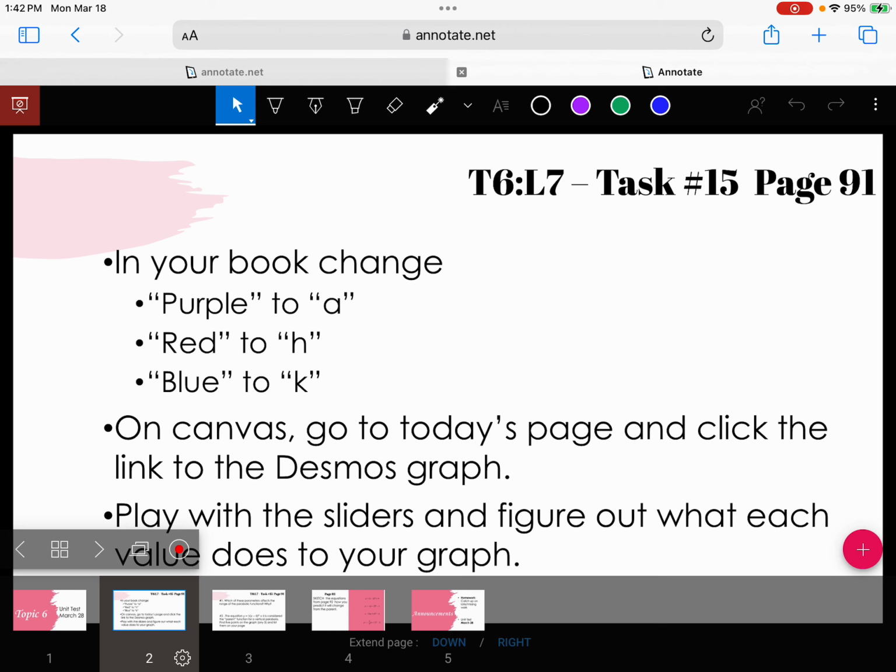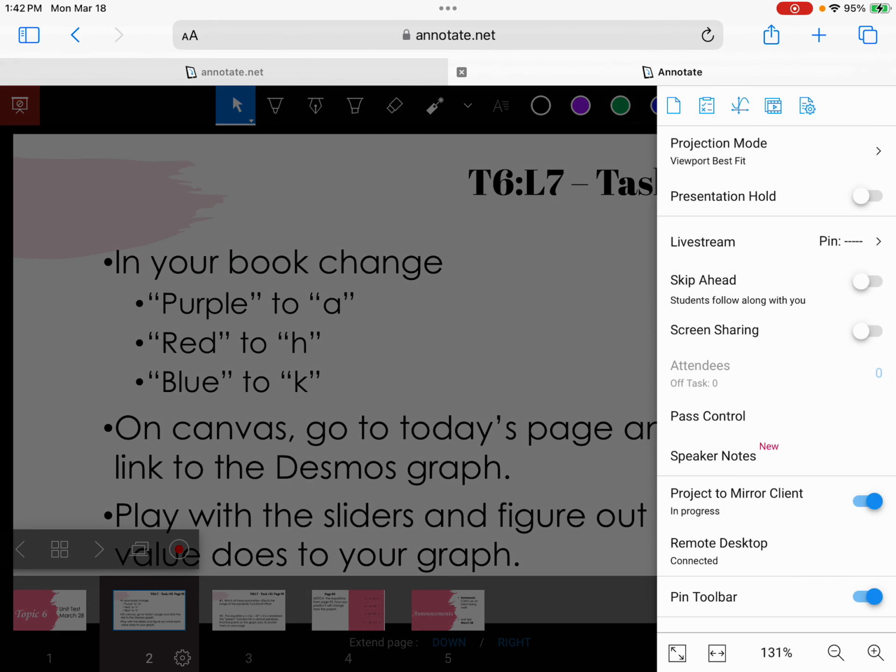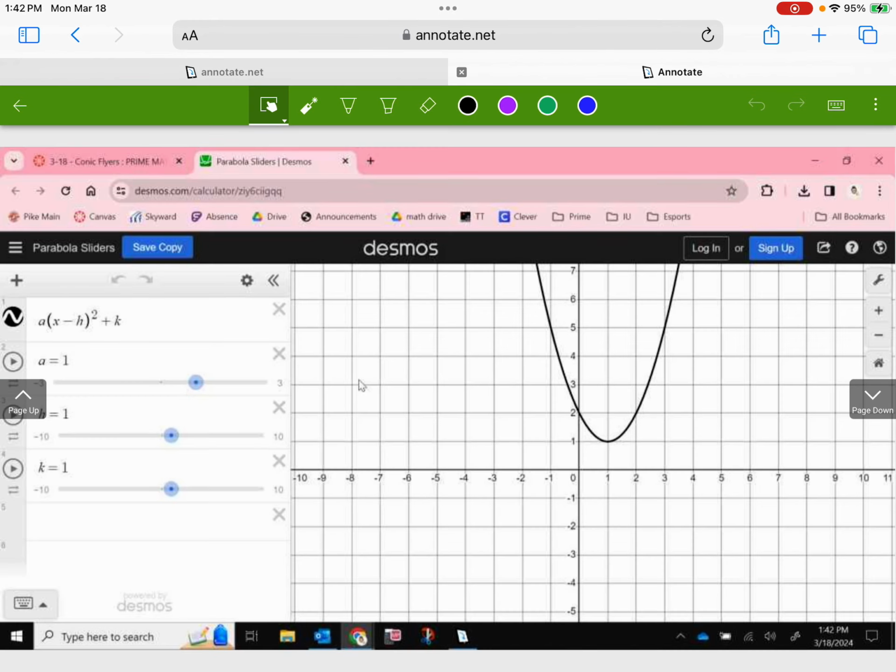So what I want you to do is use these little buttons off to the side. Hang on, switching back. You're going to grab these little blue dots and slide them around, and see if we can figure out what A, H, and K do. This is based on our A, H, K vertex form here.